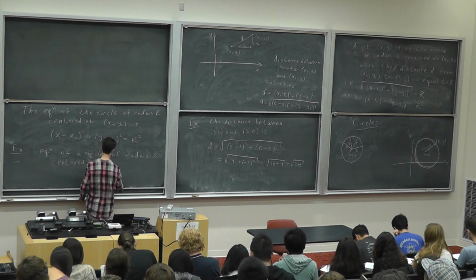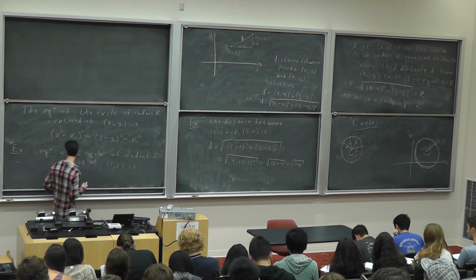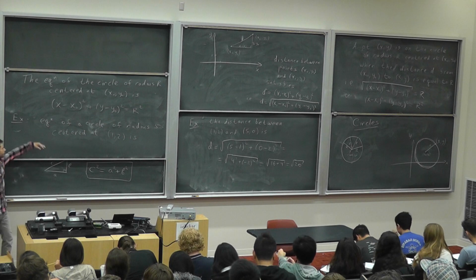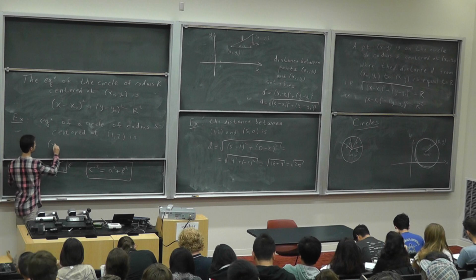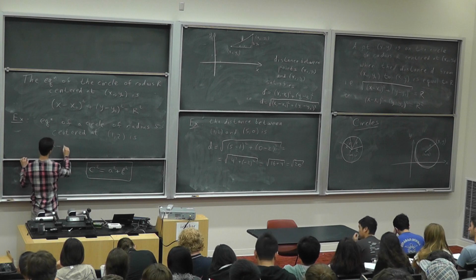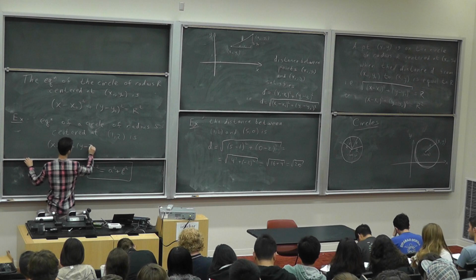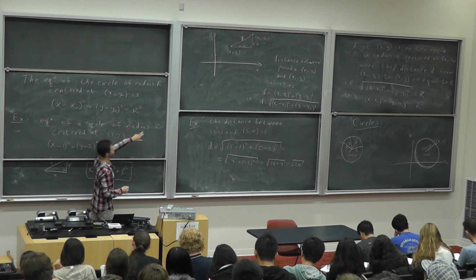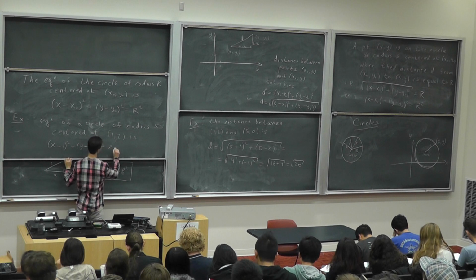Okay, so this is just a question of using the formula. The square of the distance from x, y to 1, 2 is x minus 1 squared plus y minus 2 squared, and I want this to be equal to the radius squared, which is 25.